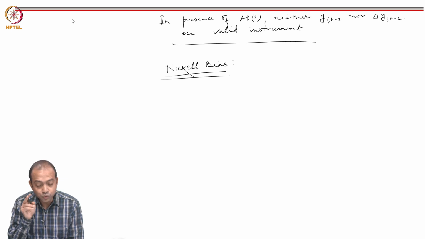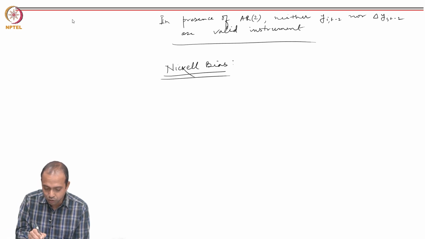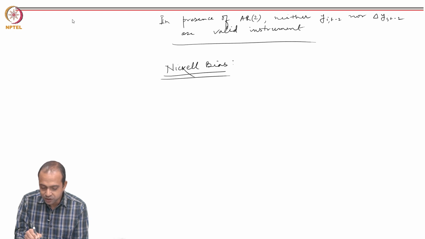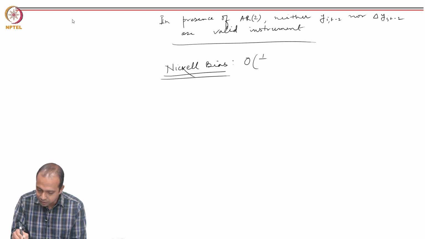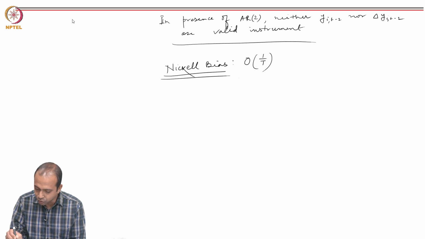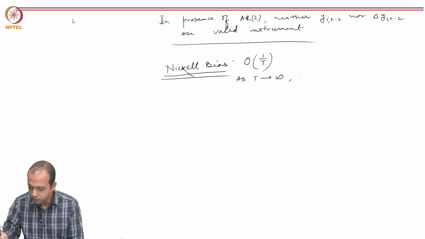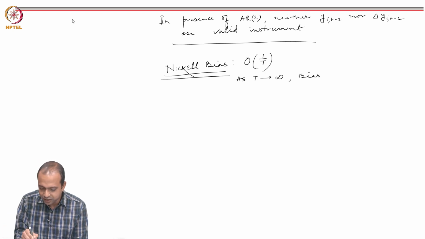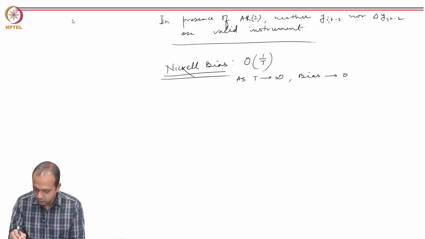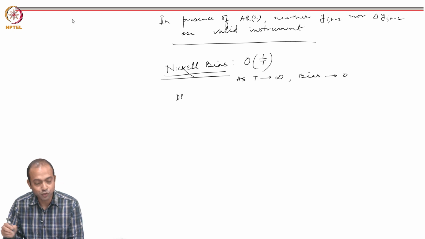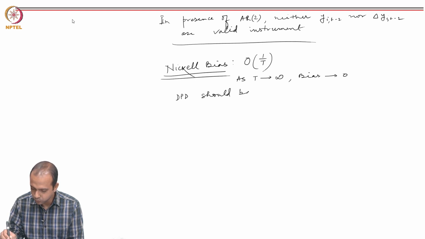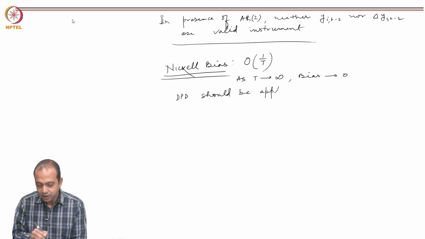That is why whenever we will be estimating dynamic panel data model or DPD, DPD should be applied in context where T is small and N, that means the number of observations in the panel, is large, right.